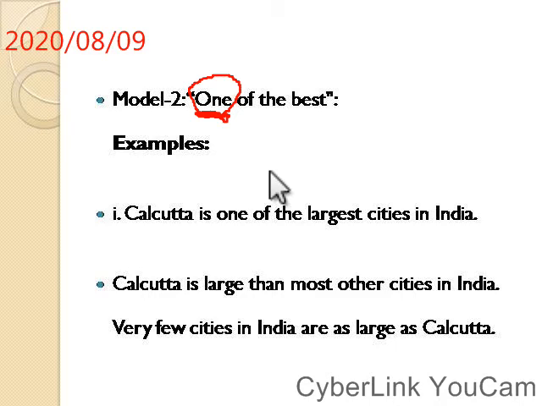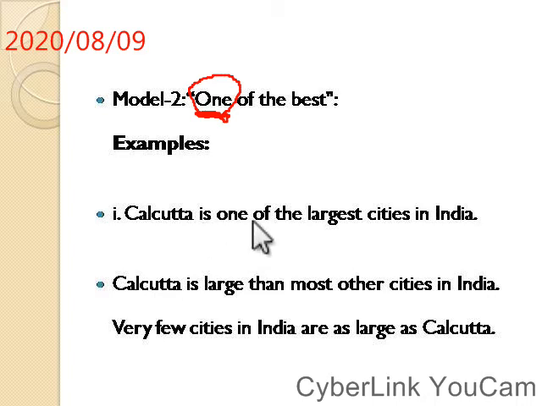So how do we write degrees of comparison? Calcutta is one of the largest cities in India. Not the largest, it is one of the largest. Okay, there are many largest cities and Calcutta is one among them.